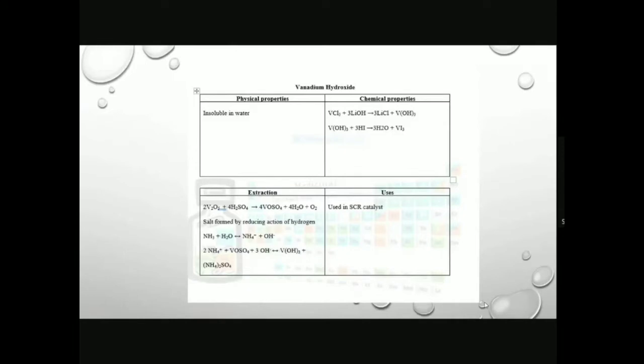For the chemical properties of vanadium hydroxide, vanadium trichloride reacts with lithium hydroxide to produce lithium chloride and vanadium trihydroxide. Besides that, vanadium trihydroxide reacts with hydroiodic acid to produce vanadium triiodide plus water.